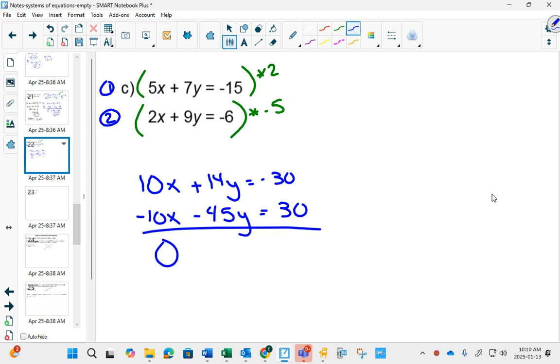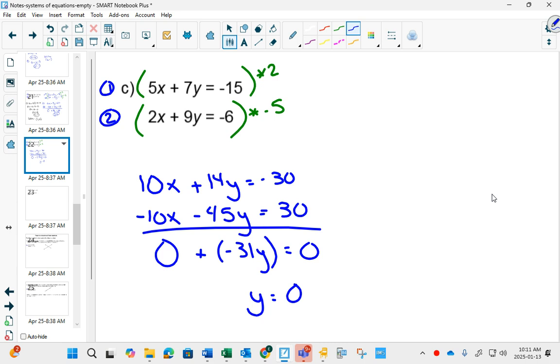When we add these equations, this will be 0, this is a -31y. You could just write subtract 31y if you wanted. And when I divide both sides by -31, I just get y is equal to 0.